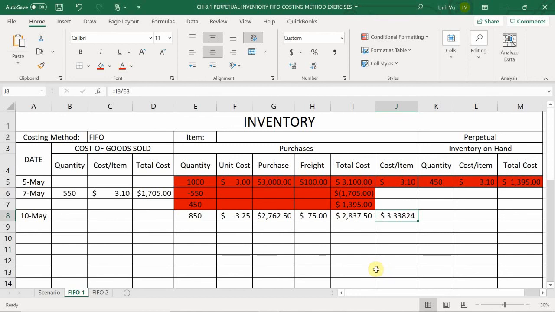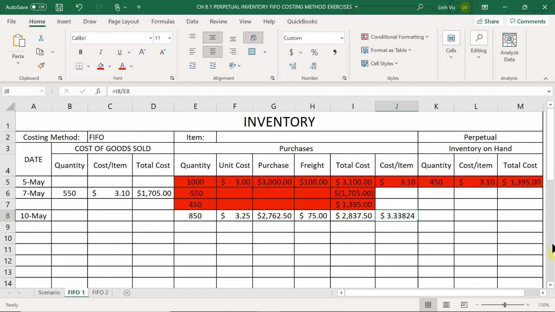If you lose 0.7 cents and you sell 1,000, you lost $7 right there. Okay, and you don't want to do that, especially if you are selling in bulk in large quantities, right? So you want to round towards the end when we hit the cost of goods sold.